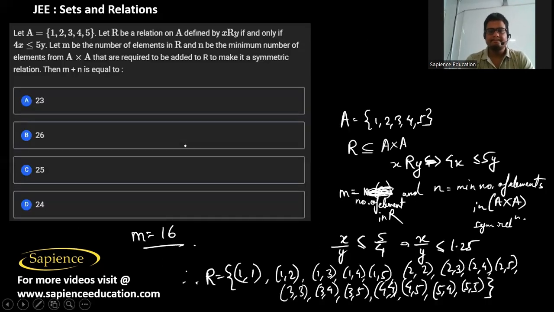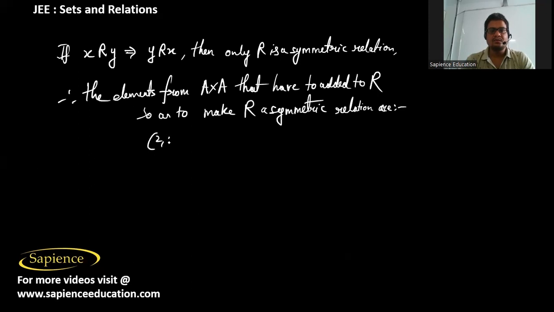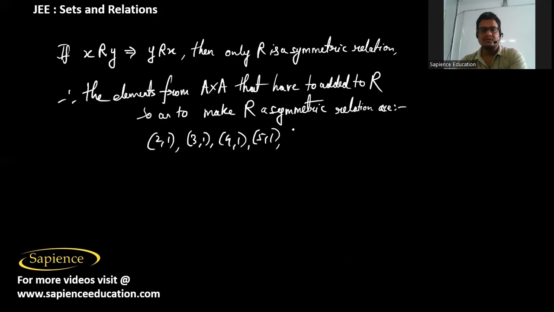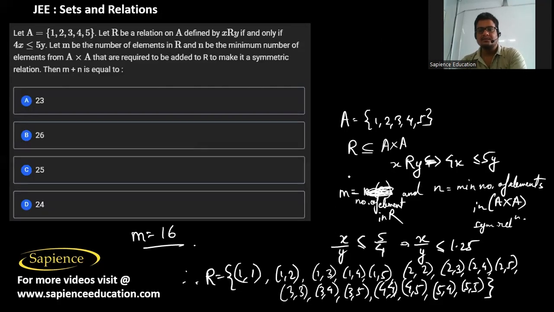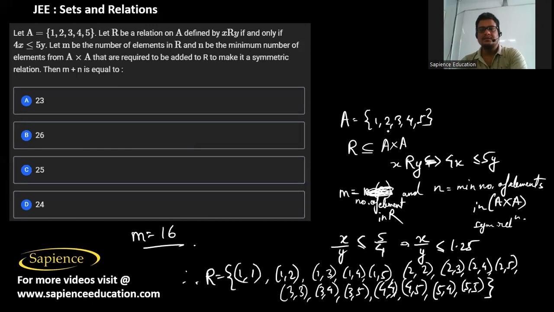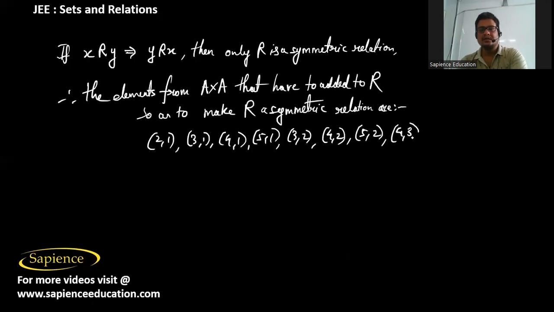So we have to add 2 comma 1, 3 comma 1 also, 4 comma 1, and 5 comma 1 also. Then 2 comma 3 is there, so 3 comma 2 also we have to add, and 4 comma 2, and 5 comma 2 also, and 4 comma 3, and 5 comma 3 also.